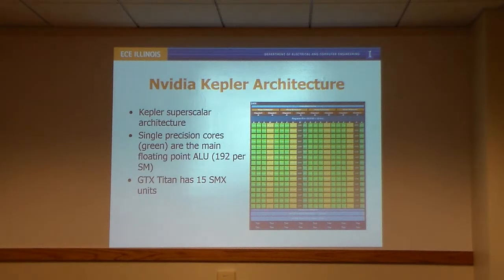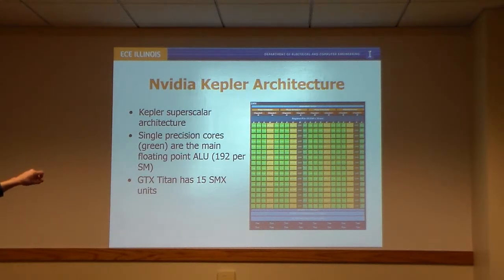That's not the newest generation of Nvidia stuff. Maxwell is their newest generation, but in terms of compute, the Kepler still has a higher number of pure ALUs, pure compute power. The way this works is, this is what we call a single SMX, the streaming multiprocessor extended for the Kepler architecture.